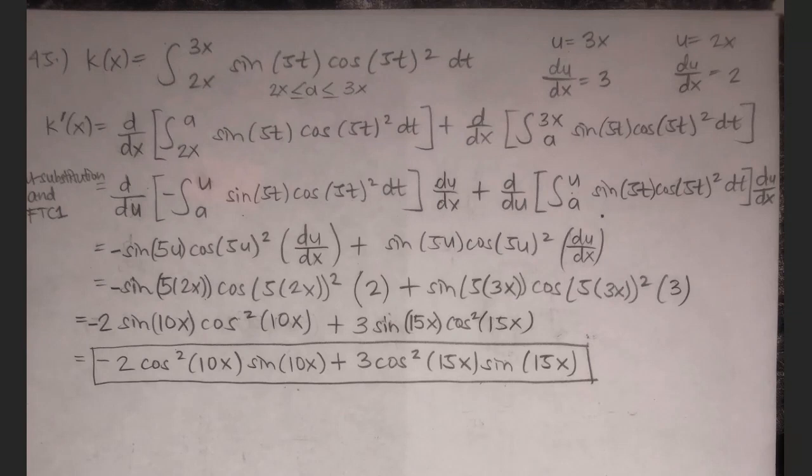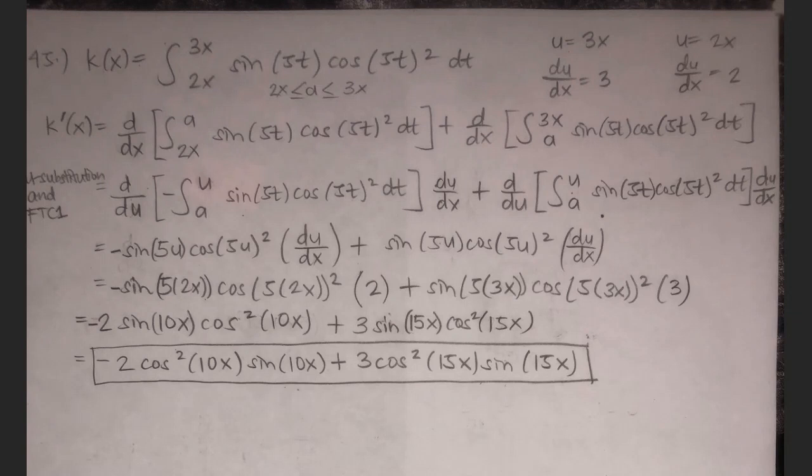I used u-substitution for this one. The first thing I did was split the integral into two parts, from 2x to a, then from a to 3x, assuming that a is between 2x and 3x.